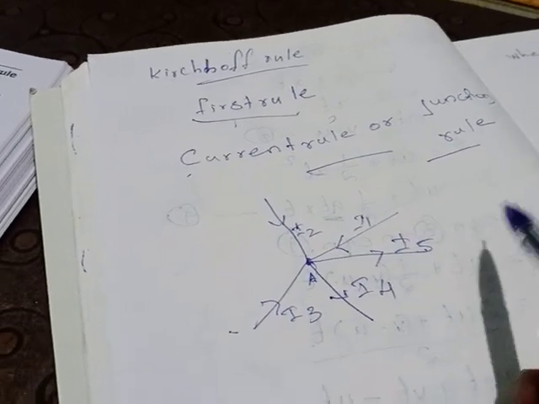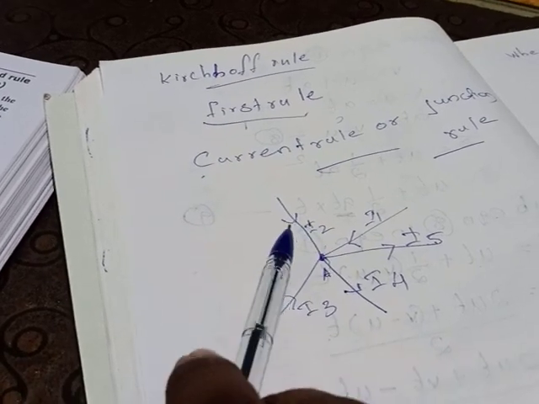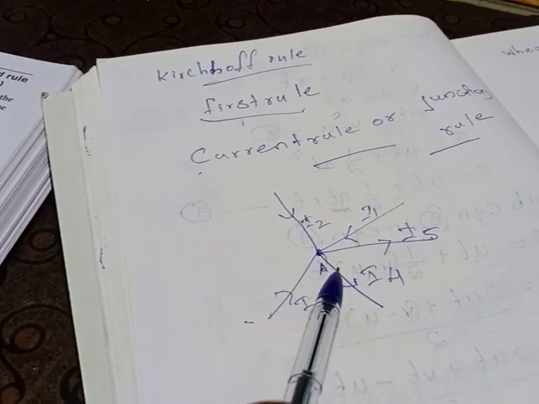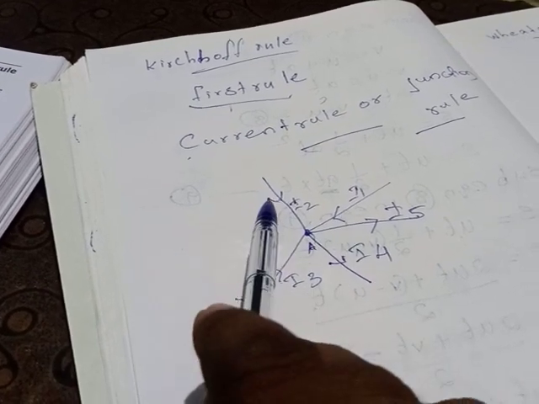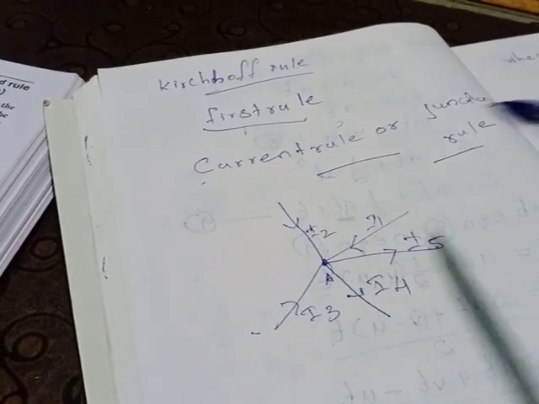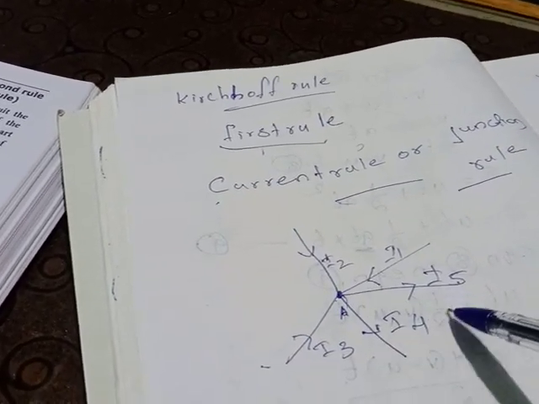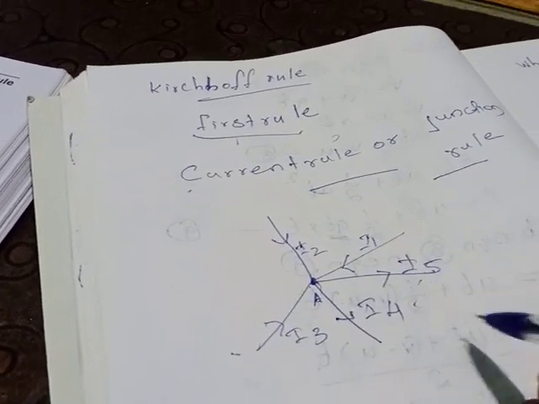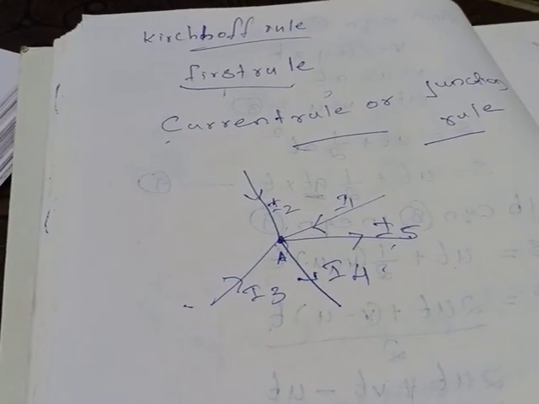You can see that the arrow marks only indicate current direction: I1, I2, I3. I1, I2, I3 are moving towards this junction, and I4 and I5 are going away from the junction.